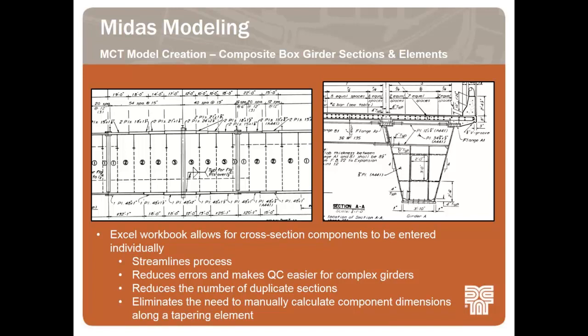With very complex geometry and also just cross-section changes, it helped to be able to individually input each component of the cross-section separately and then use the Excel tool to combine them all and create your sections. As you can see on the top left photo, in this one region near a support, there's many different top flange changes as well as bottom flange plate changes.